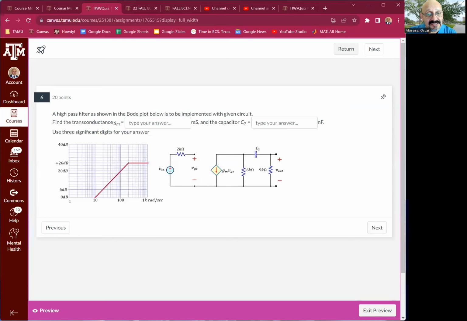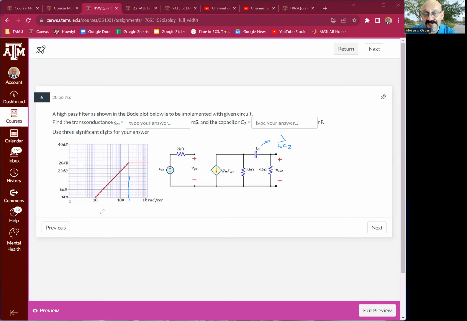Okay, the next one probably is a Bode plot problem. So we have a circuit that has a single pole and has 1 zero at 0, right? The question is to find the transconductance as a DC parameter and the value of the capacitor such that this transfer function is implemented with the circuit given. So you have to find the transfer function in this domain, right? Change the capacitor by 1/sC, find the transfer function, and this one here is the location of the pole.